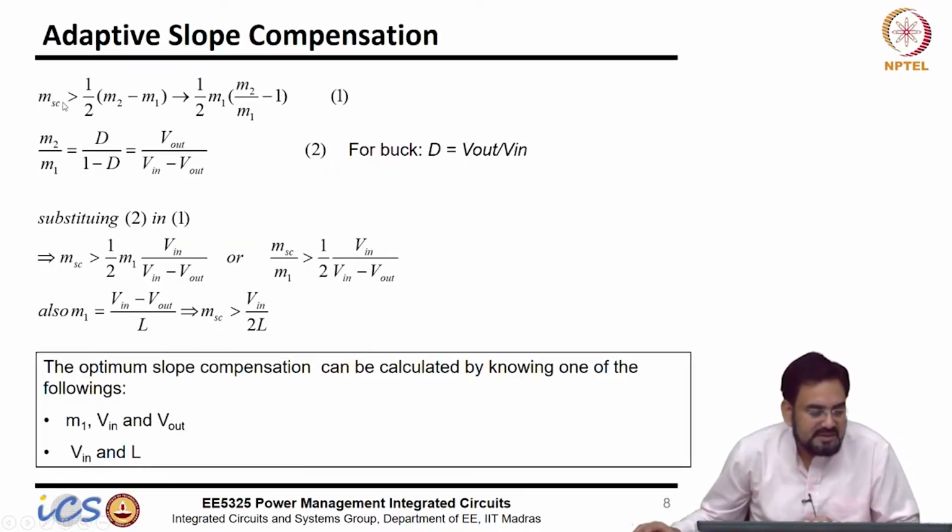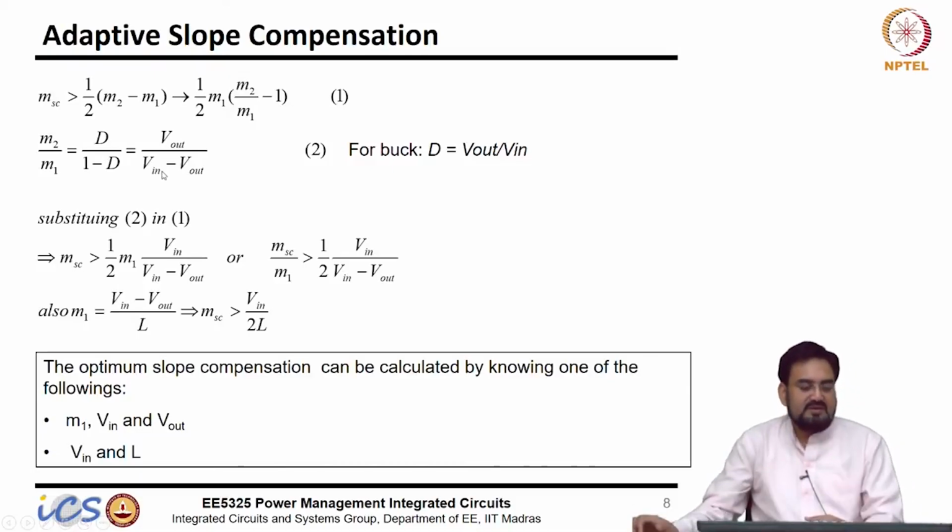So, now this slope compensation, the compensating ramp slope required is greater than (m2 minus m1) by 2, which is nothing but, I will take m1 common, and it becomes half of m1 into (m2 over m1 minus 1). And I also know that m2 over m1 is d over 1 minus d, which is nothing but V out over (V in minus V out).